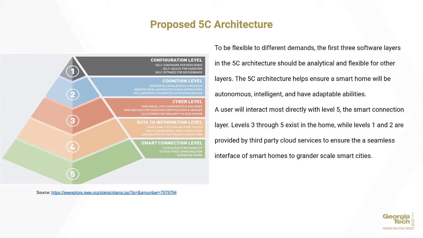So this kind of abstract view is very similar to networking, where you'll have different network topologies that abstract ones and zeros to packets of data that a user might be more understanding of versus what a computer layer kind of thing might be more understanding of. Whereas in the 5C architecture, this is more of still, with the user in mind at the smart connection level, and more of the system itself in mind with levels 3 through 1 in particular.